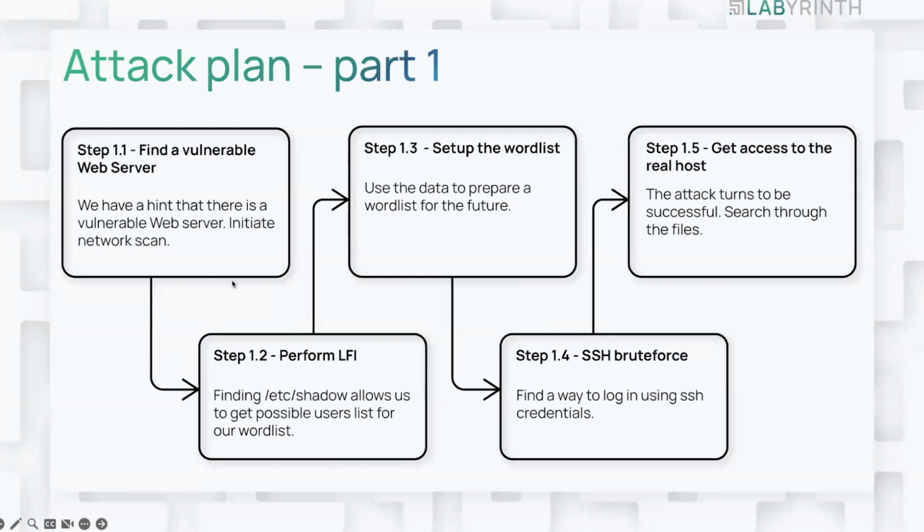And to begin with, let's just agree that we are attackers and we are right inside the network. However, the only thing we know about this network is that there may be a vulnerable web server. So we should try. Our first step will be actually trying to find it and somehow communicate with it.